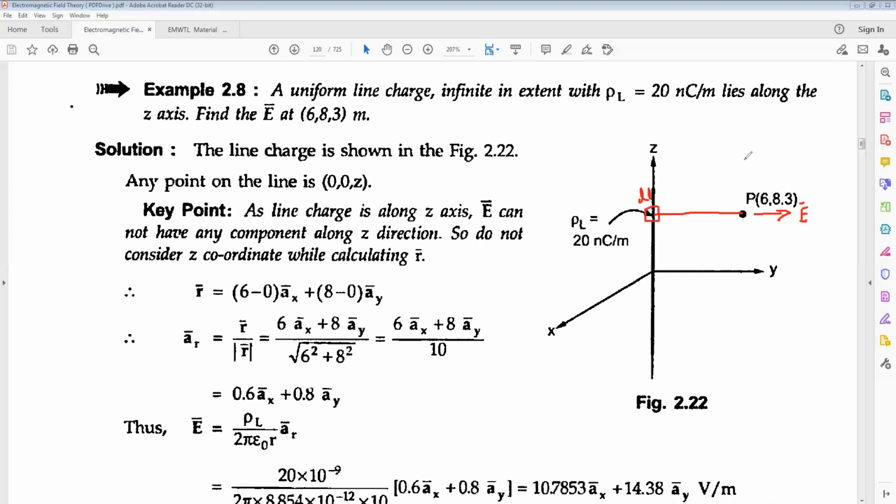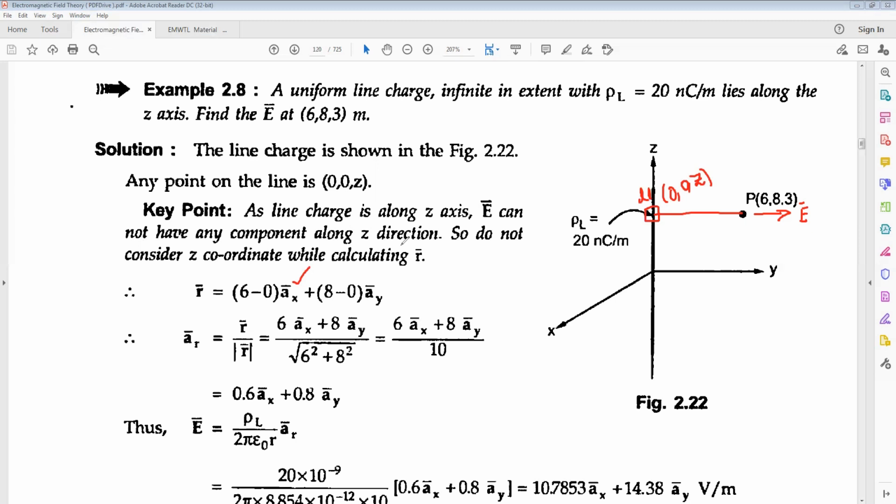R bar is equal to 6 minus 0 into X bar, because X is 0, Y is 0, and Z. A point on the Z axis means you'll get only the Z bar. 6 minus 0 into AX bar, 8 minus 0 into AY bar, and the Z axis here, as the line is along the Z axis, E bar cannot have any component along the Z direction.